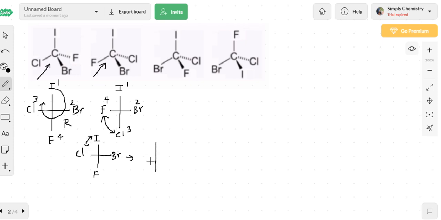So we get chlorine goes to the top, iodine is here, bromine is at your right side, and fluorine. Now go for assigning the numbers. We already know that 1, 2, 3 and 4. You could see that it is going in the counterclockwise direction. So the assigned configuration is S.